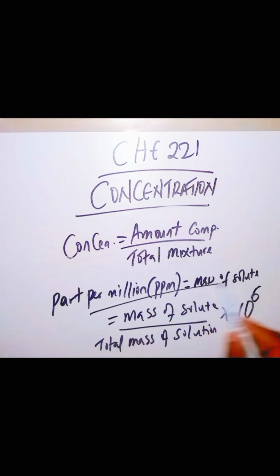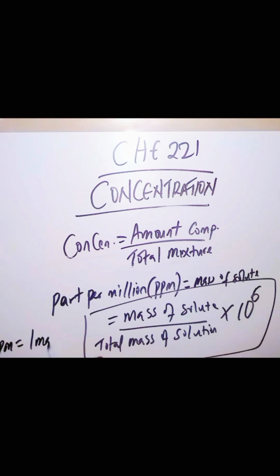This is the formula we use to calculate parts per million. Also, 1 part per million is equivalent to 1 milligram per liter. So either you express it in this form or in this form. These are mostly used for solutions, for liquid and solid, not for gas.